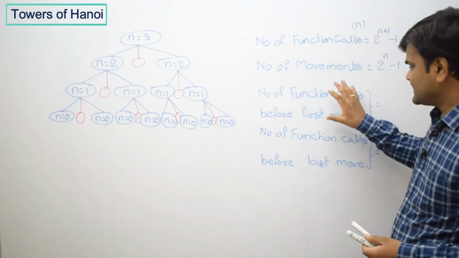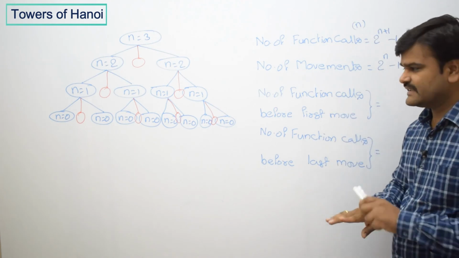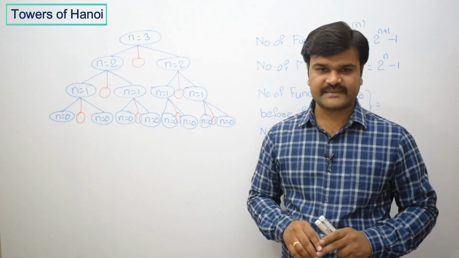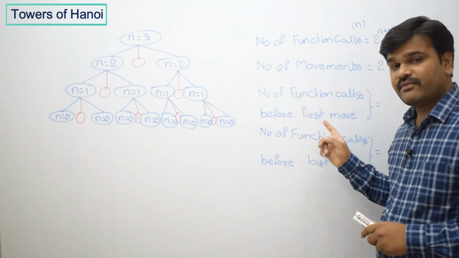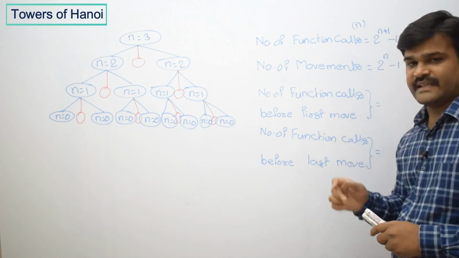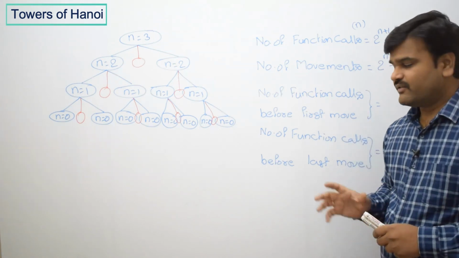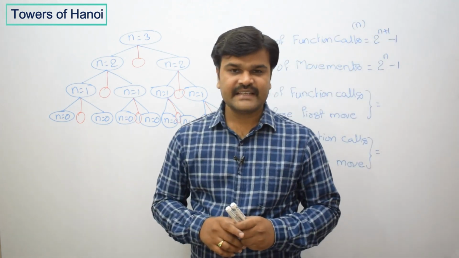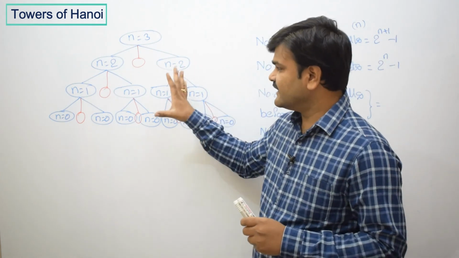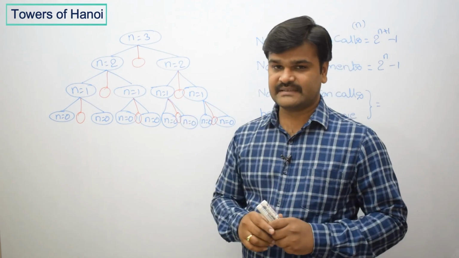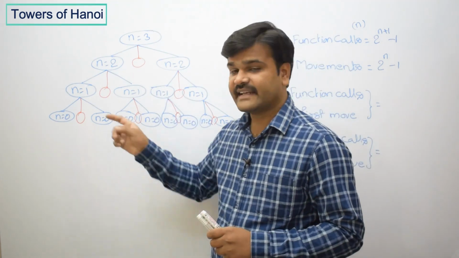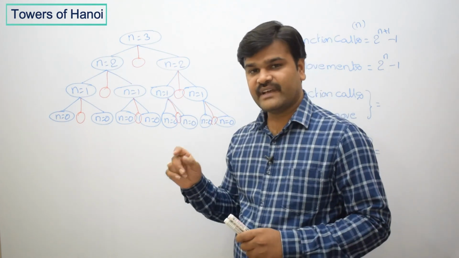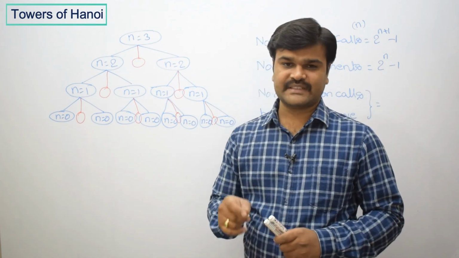Now let us try to answer these two things, so that we complete everything in the case of Towers of Hanoi. Here: the number of function calls before the first movement. In this tree, try to understand where the first movement is. These red circles indicate the movements. Out of these 7 movements, where is the first movement? That is important.